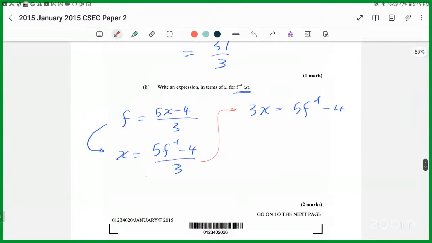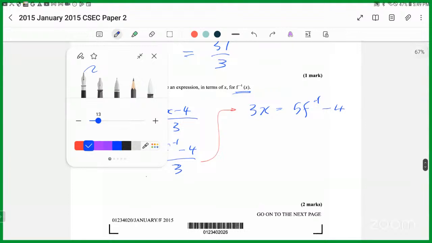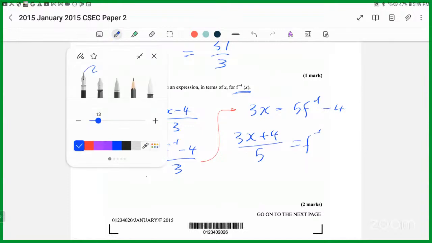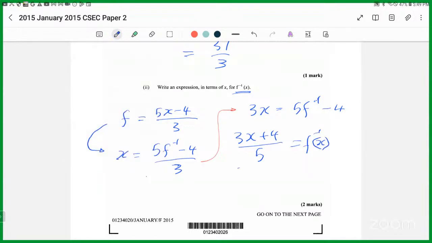Then, to leave this as the subject, I'm going to take this 4, add it over here, and then take this 5 and divide it under. So I'm going to get 3x plus 4, and then divide under the 5. That is f to the minus 1 of x. This is the answer. This is the f to the minus 1 on this.